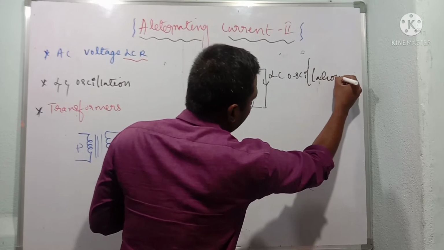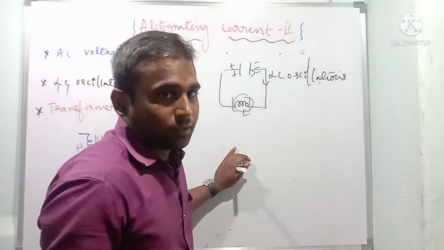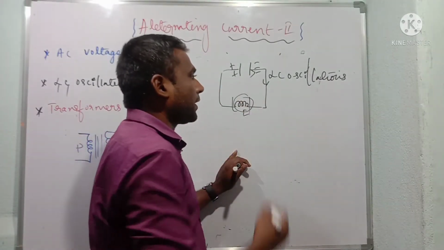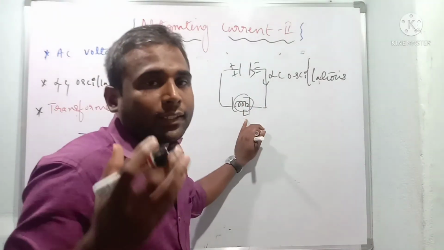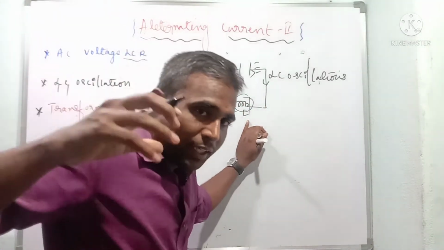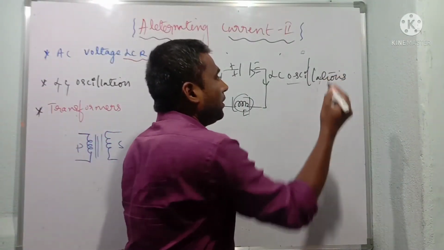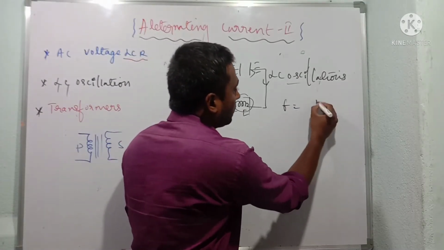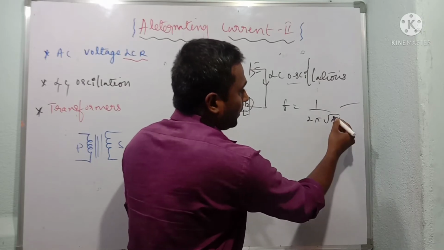LC oscillations means when the capacitor is charged and discharged to the inductor, then we can find in this system there is an electrical vibration, electric field vibrations, and these vibrations are nothing but LC oscillations, and it's given by frequency, that is F is equal to 1 by 2 pi square root of LC, same thing like resonant frequency.